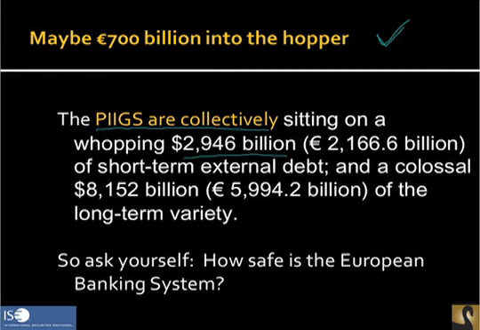That's 2.9 trillion of short-term external debt, and a colossal 8.1 trillion of long-term debt, which means that a couple of things. Number one, $1 trillion, which is a huge amount, isn't going to come close to covering this problem.